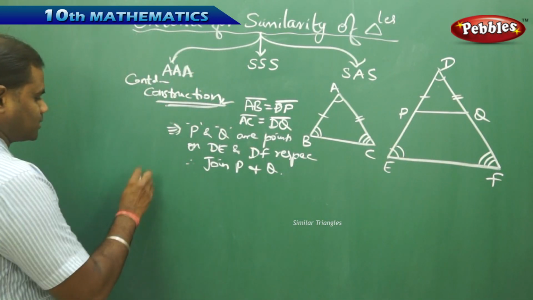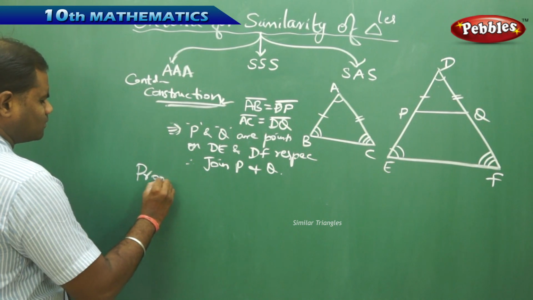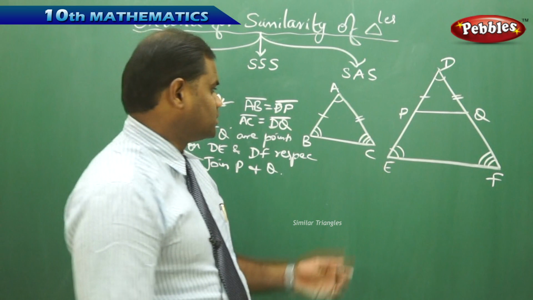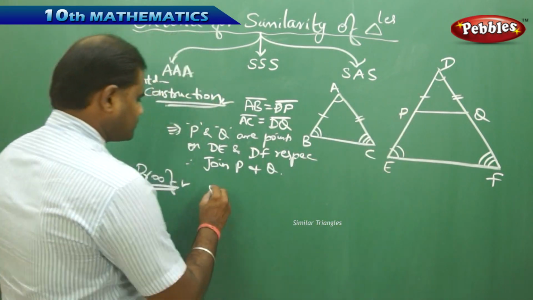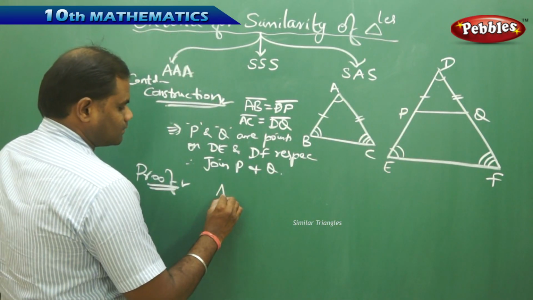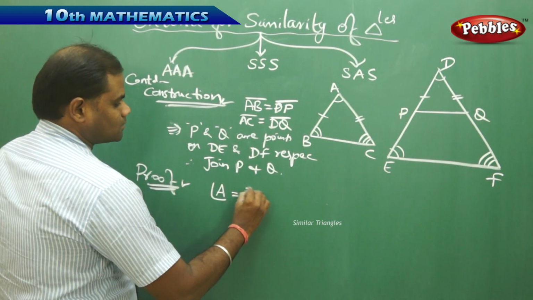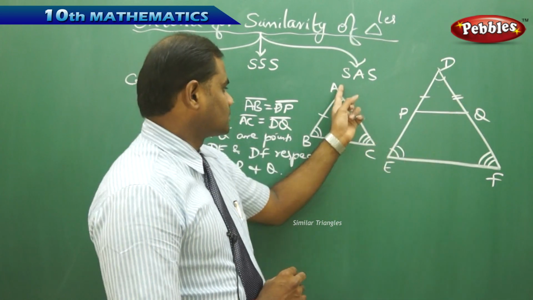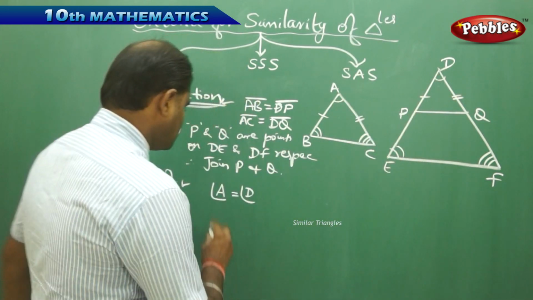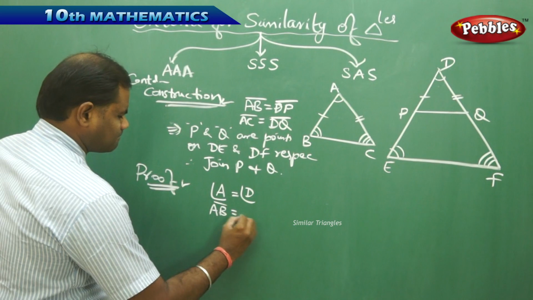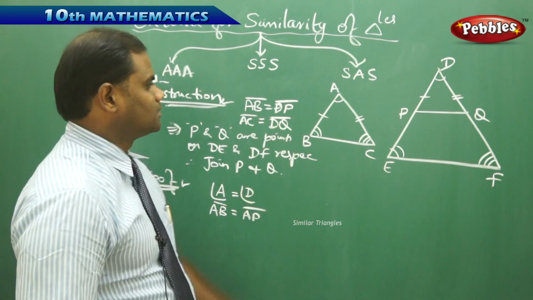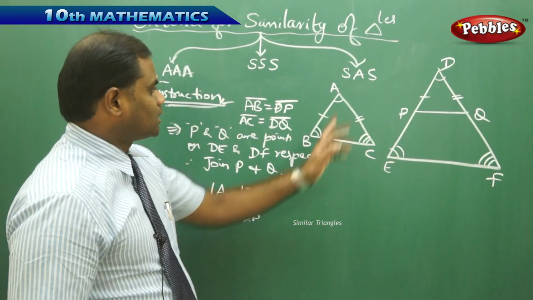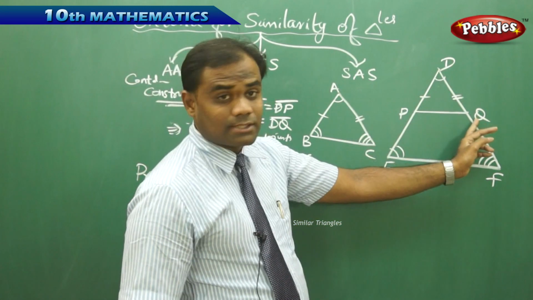So using this construction, the proof that I have here is, to start with, initially I have angle A equals angle D, and AB equals DP, and AC equals DQ.